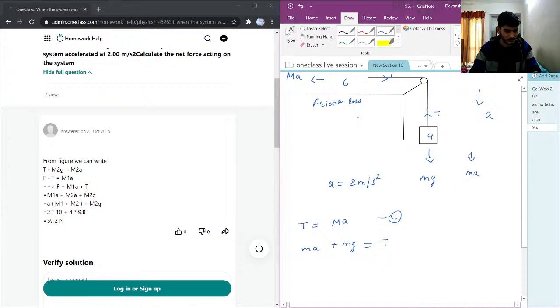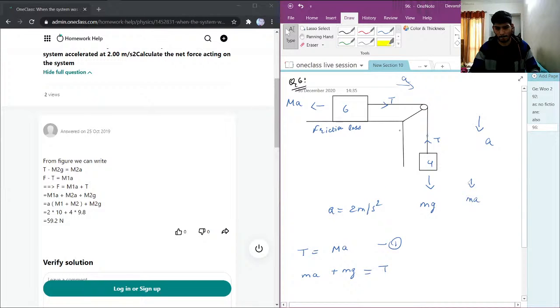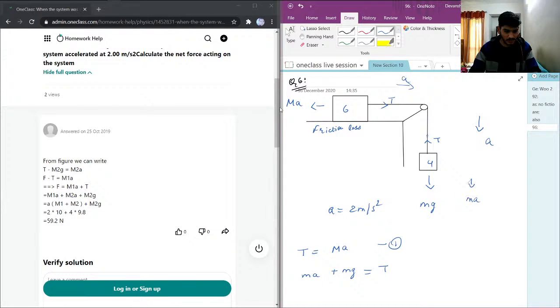If I look at this first block, we have F minus T, and M1A will be in the same direction, so M1A plus T equal to F in this direction.